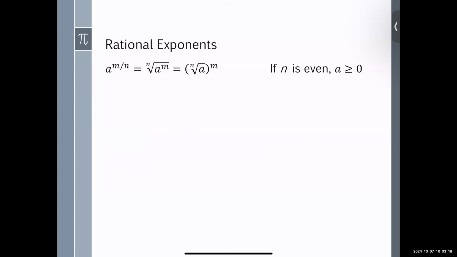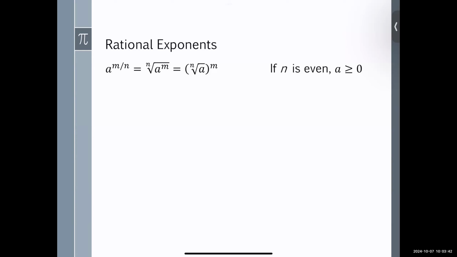All right. If n is even, then a has to be greater than or equal to 0 if it's a real number. So since you're taking an nth root, you can't take the even root of a number that's negative if you're interested in real solutions.